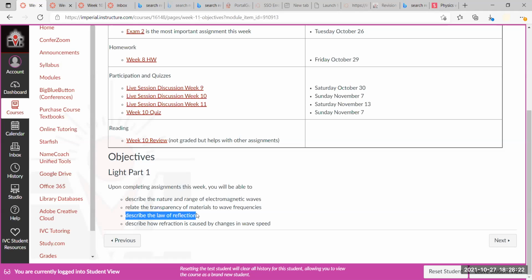Easy enough. Provided you can draw the perpendicular to the surface, called the normal, then the angle of incidence is the angle made from the ray that hits it to the normal. And the reflected ray, in this case, will make an angle.